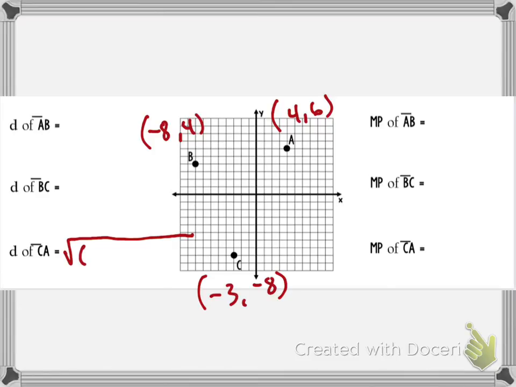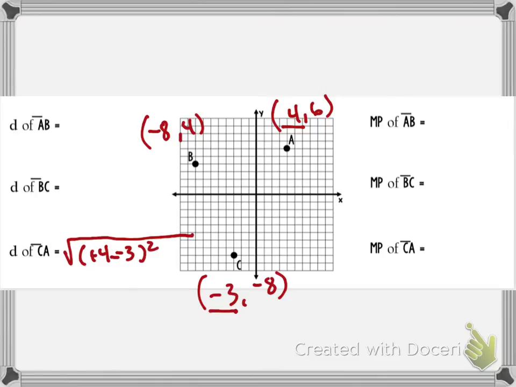So this is going to be the distance between C and A. I took this x, -4 minus -3, like this.